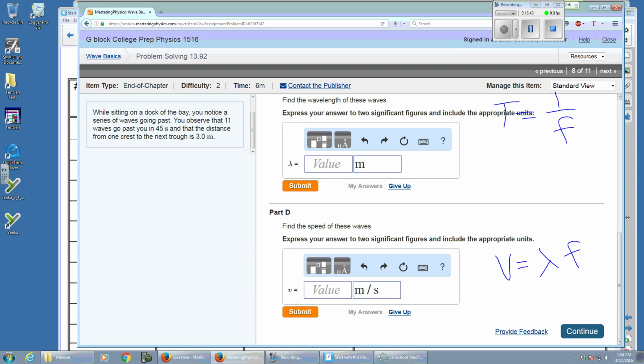So part D is going to use the speed is wavelength times frequency. Do you know the wavelength? Yeah, because you did part C. Do you know the frequency? Yeah, because you did part B. So see how it builds on itself?